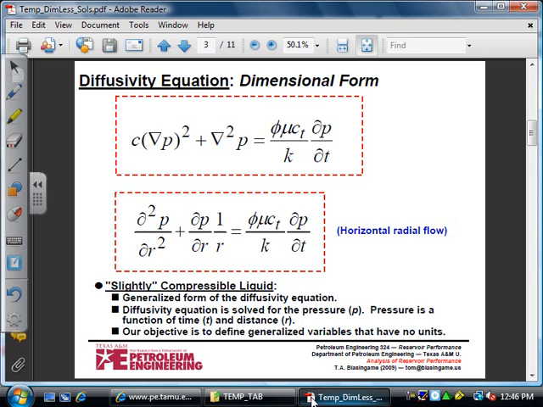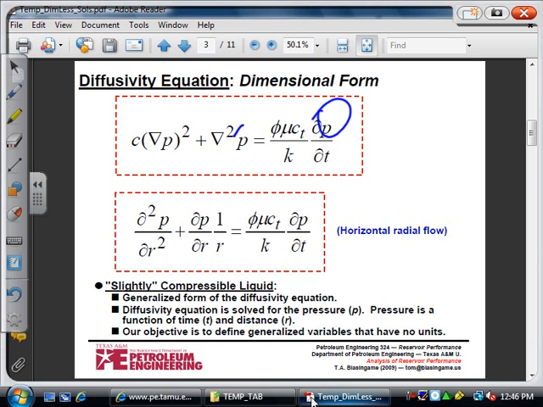So what we need to do is come up with a form which has no units, that makes the equation dimensionless. Okay? So we are solving the equation for P, and the pressure is a function of time and radius.